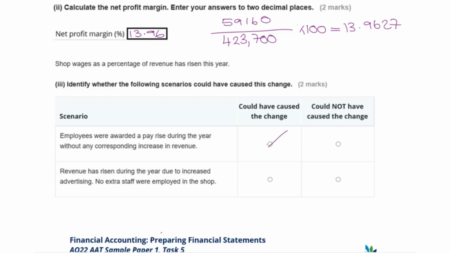So yes, that could have caused the change. Revenue has risen during the year due to increased advertising, but no extra staff were employed in the shop. So this wouldn't have caused the change because the revenue has risen, but the wages haven't. So actually, that means that the percentage would have actually reduced.